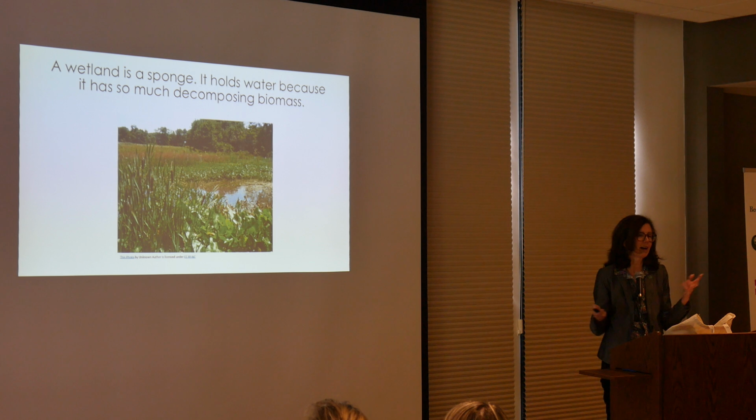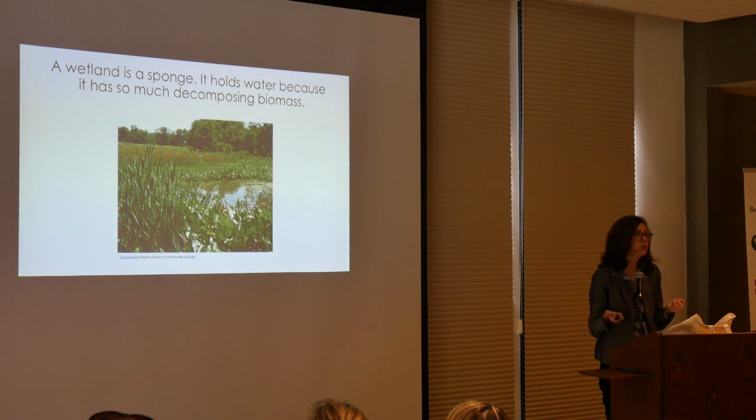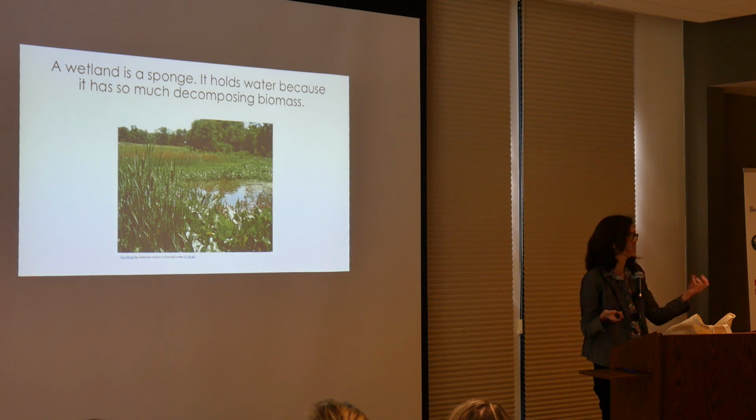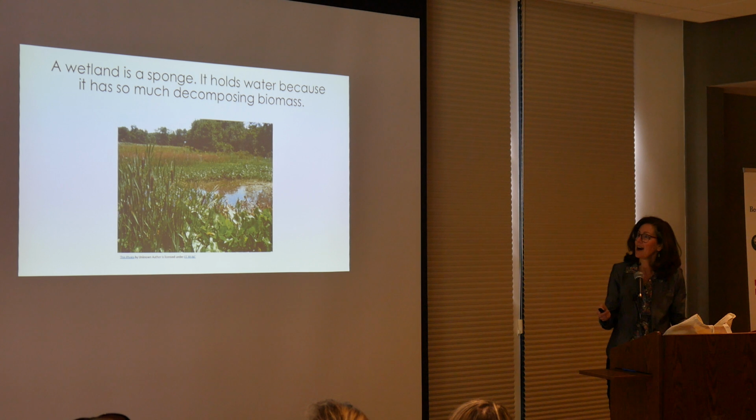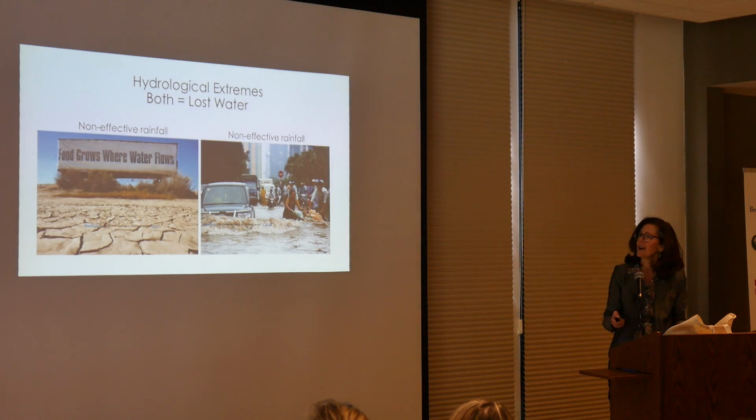So you think about an effective system, a wetland is an effective functioning sponge. And over time, humans have drained wetlands because that's where the really great soil is, because there's so much decomposition happening there. But we don't want to drain any more bogs or wetlands, okay?